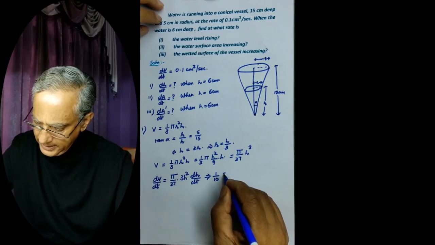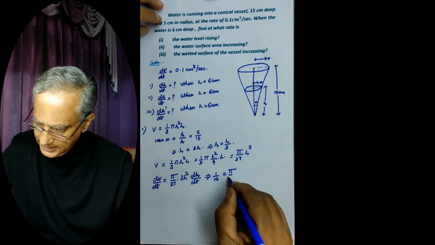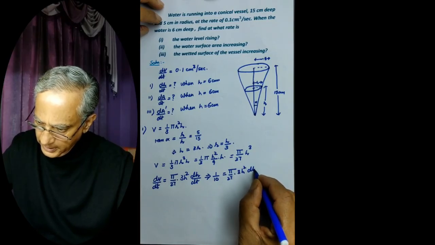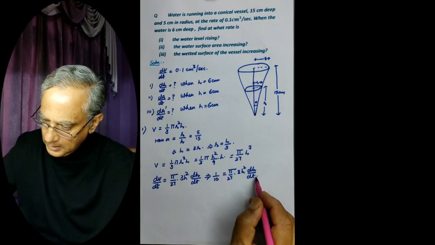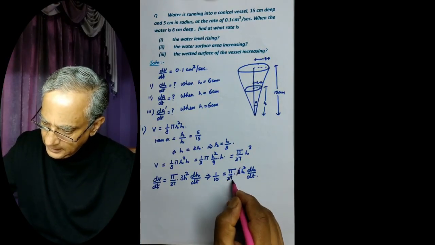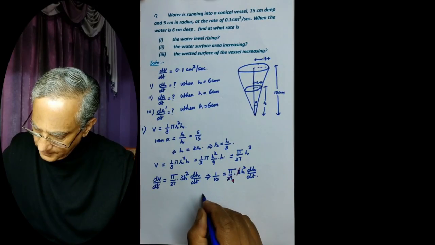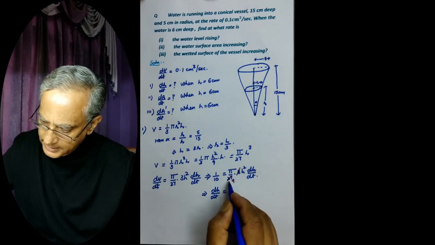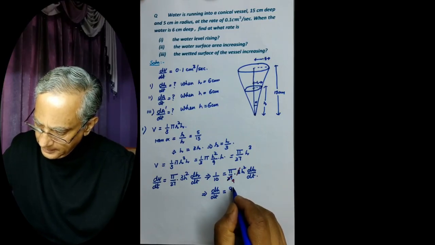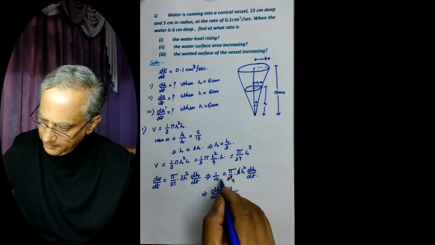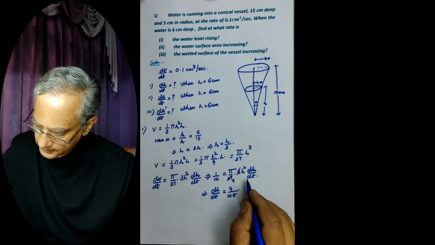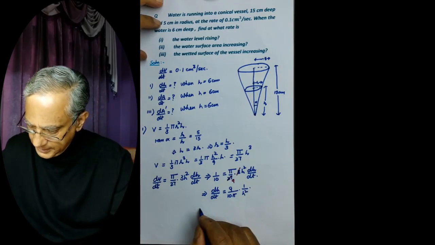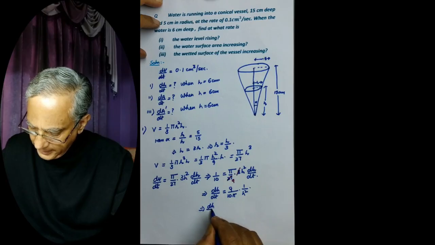So 1 by 10 is equal to pi by 27 into 3h square into dh by dt. This 3 cancels, and we get dh by dt is equal to 9 by 10 pi into 1 by h square.